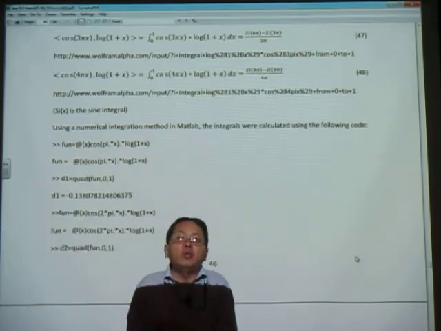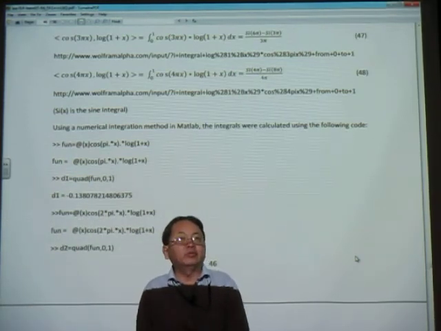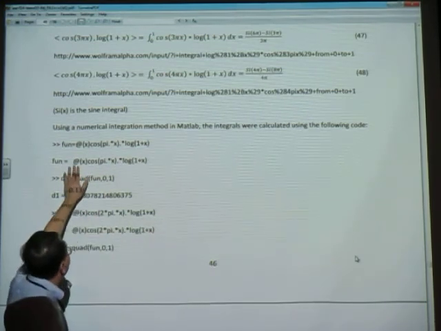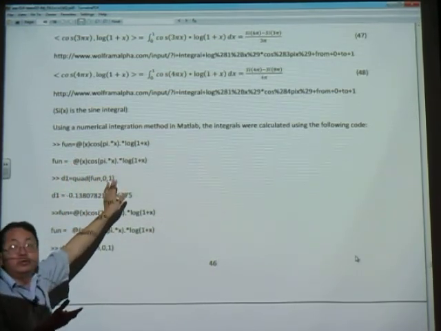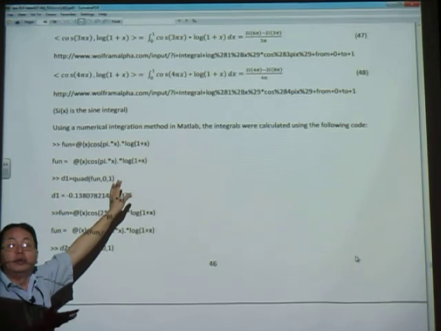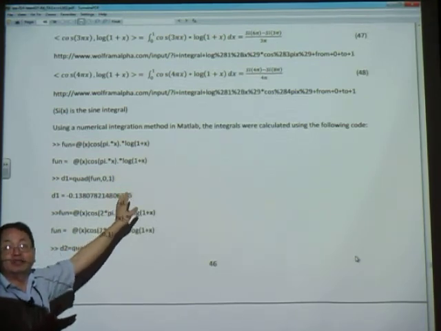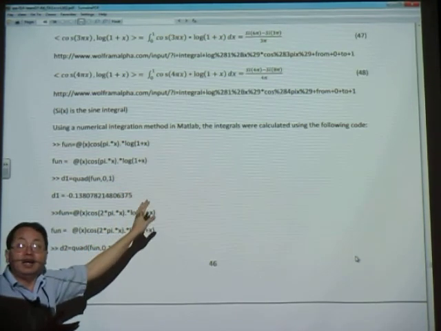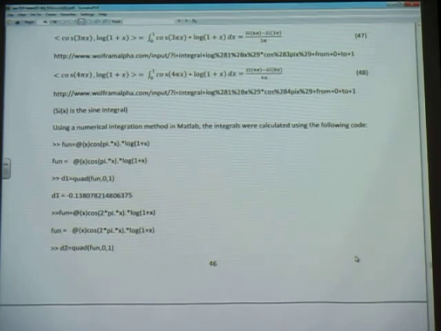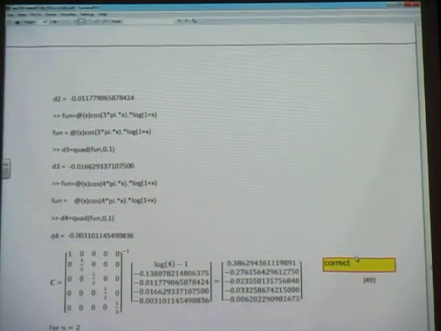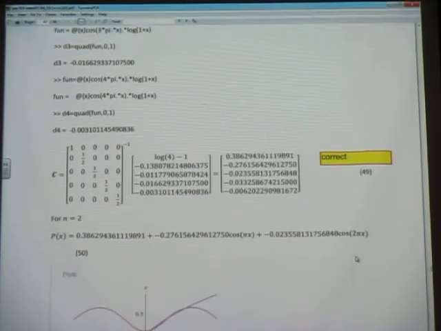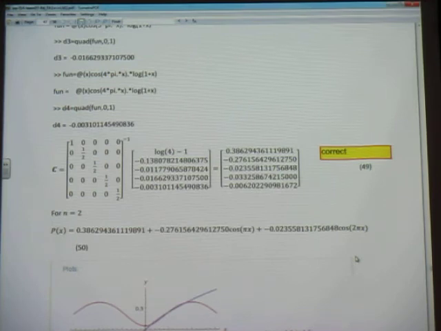You can evaluate the sine integral with MATLAB also, but instead of doing that, this team used the MATLAB numerical integration to integrate. And they presented the result, and so some students skip all of this and just copy down their result and present it.